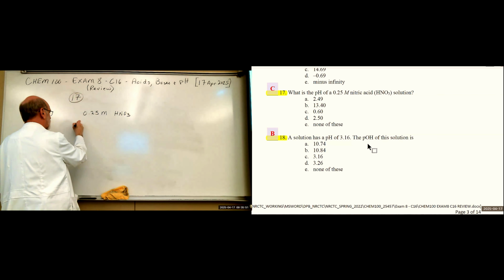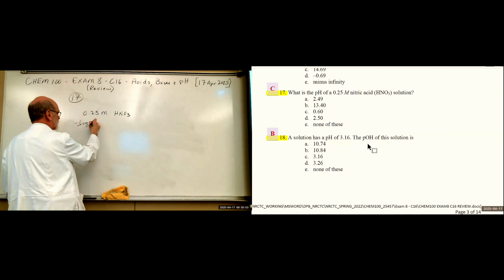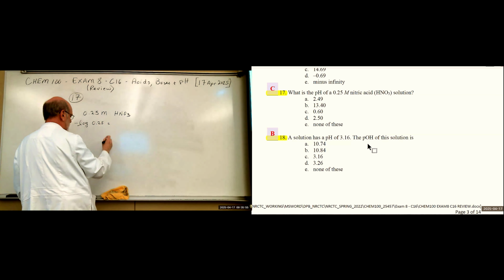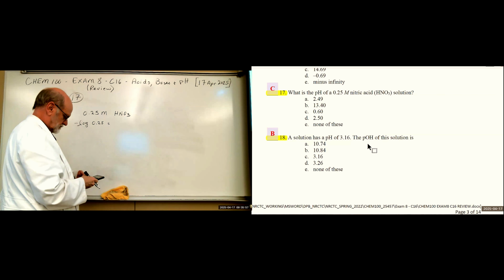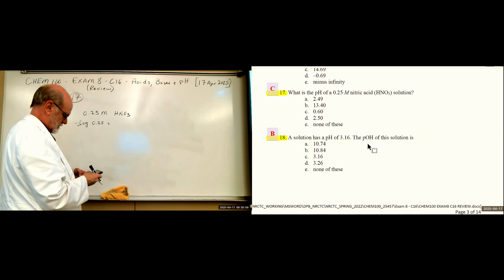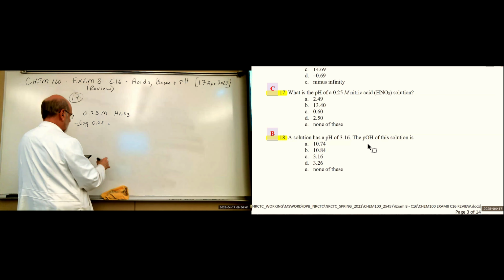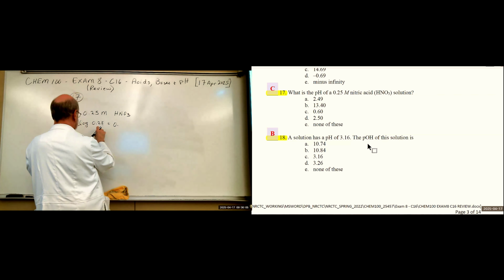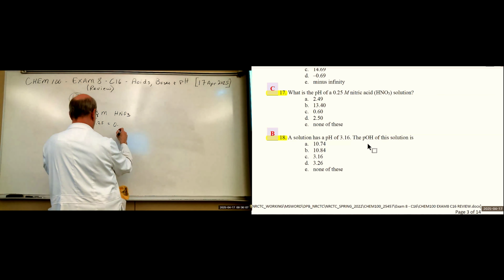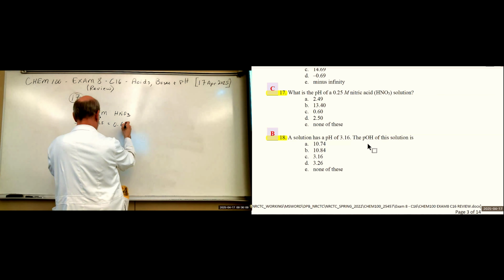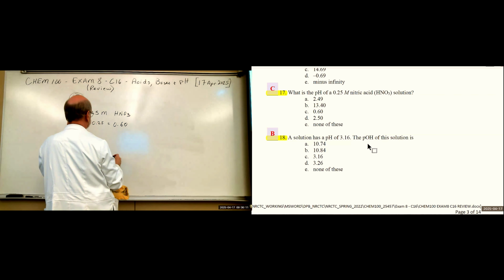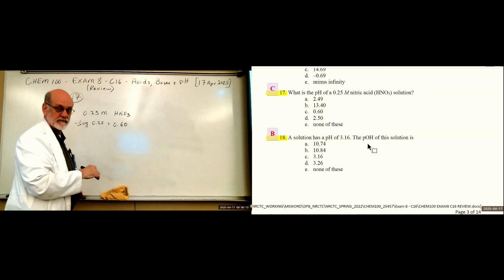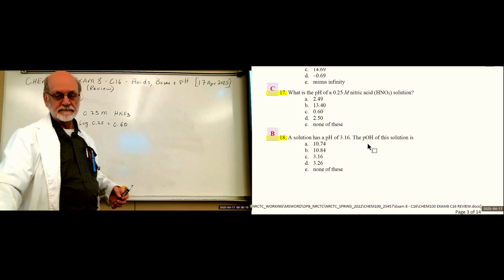Strong acid, so the negative log of 0.25 equals 0 point, let's see, two significant figures. So we have 6, 0. That's the pH, 0.60.